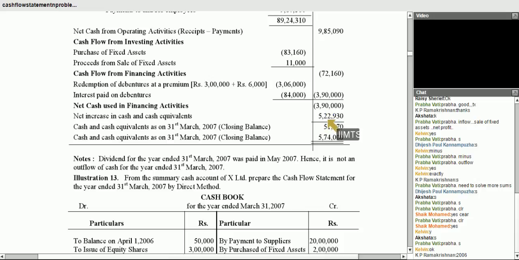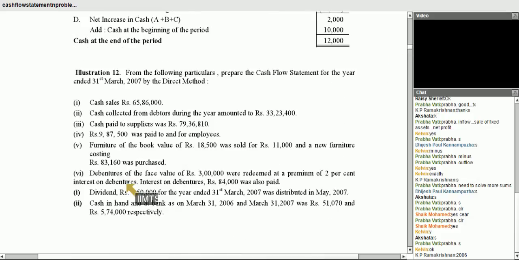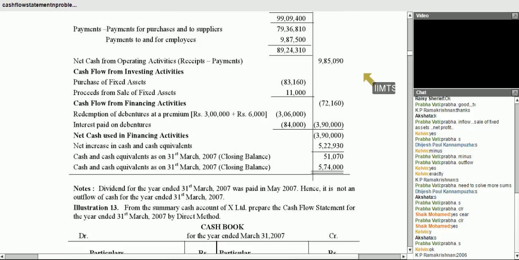If you add them up, this 522,930 plus 51,070, you will get 5,74,000, and if you compare it, you will get the same value. So on adding everything, it is coming out to be equal to 5,74,000. It means that our working is correct.